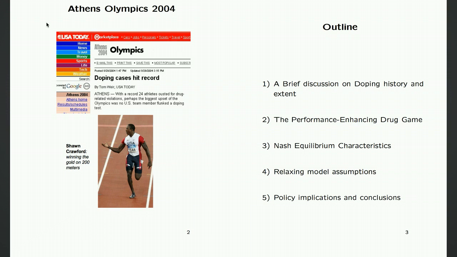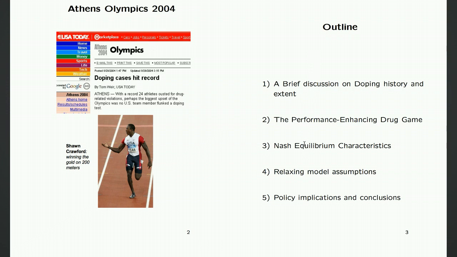The outline of my talk is on the right here. I'll start by giving a very brief discussion on doping history and extent, and then I'll talk about the main point of this paper, the performance enhancing drug game. I'll talk a little bit about the Nash equilibria, what they may look like.